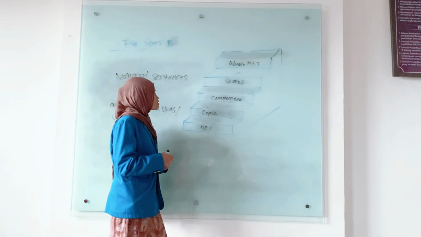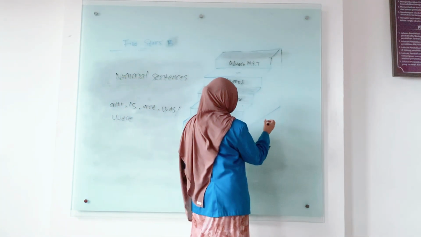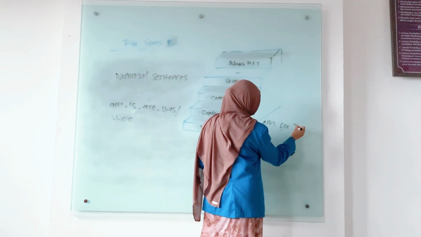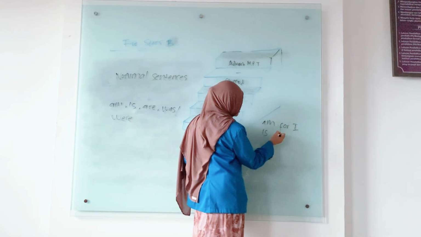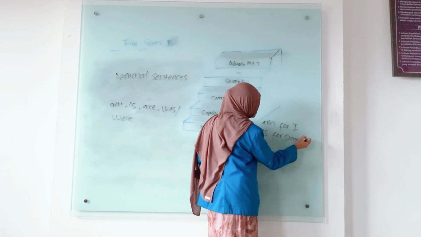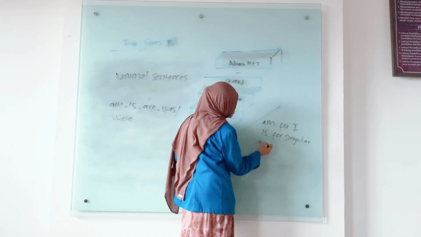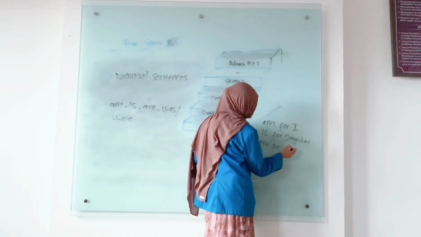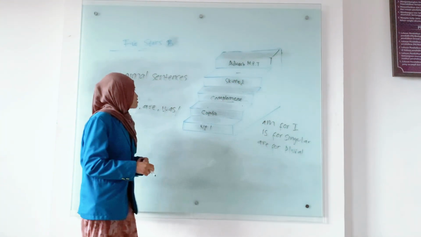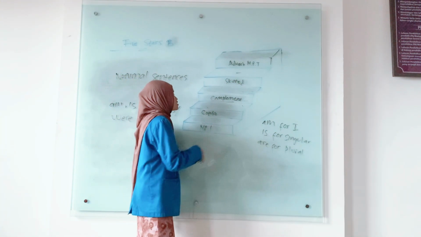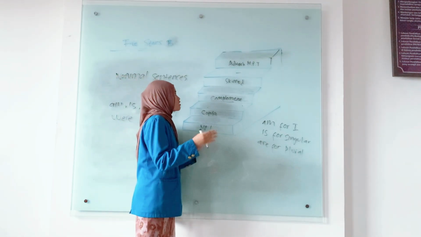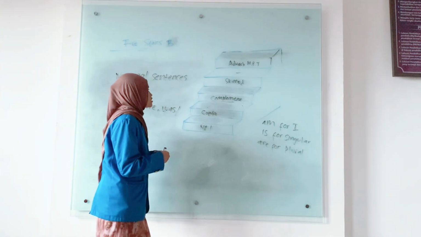For example, am for I, is for singular subjects, are for plural subjects, and the stairs 3 is complement. The complement gives information for the subject.